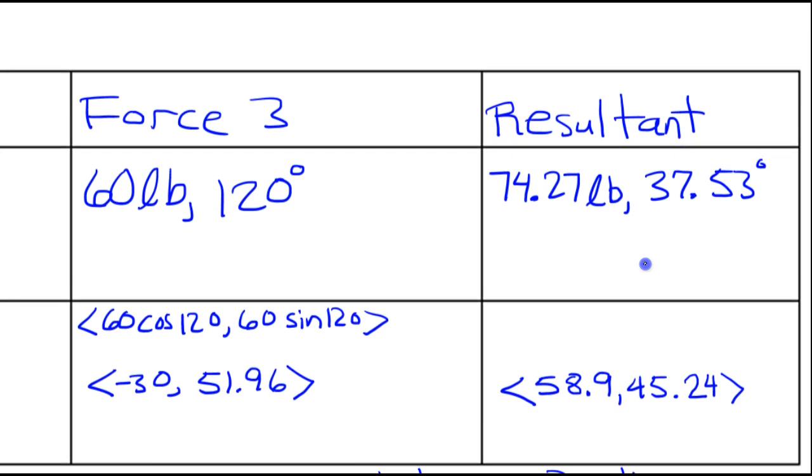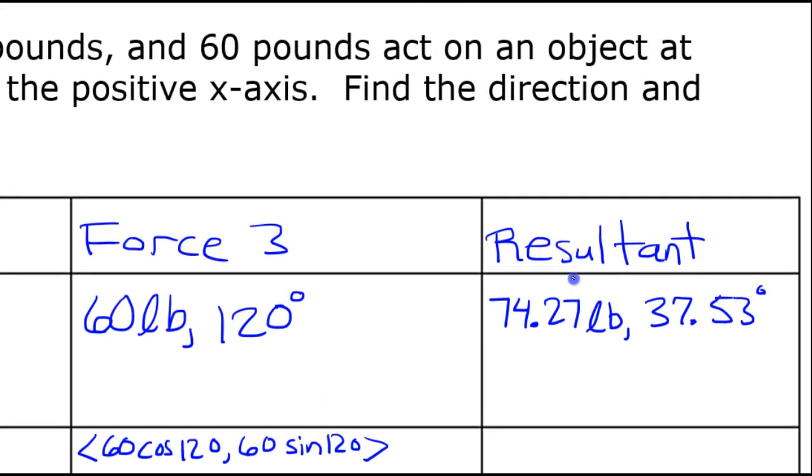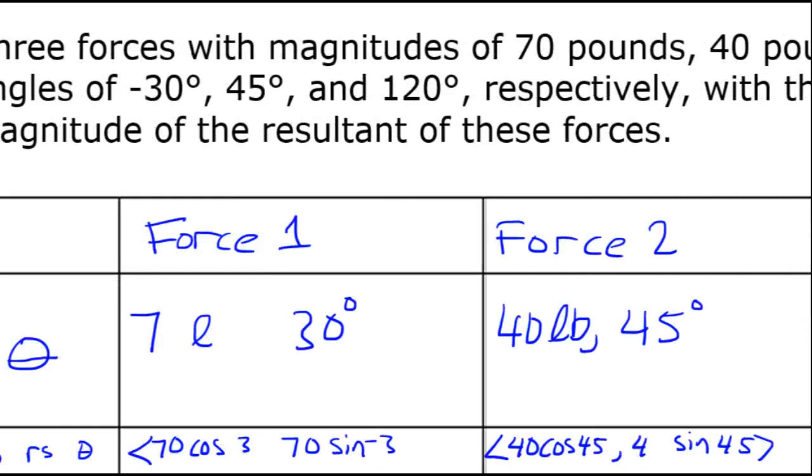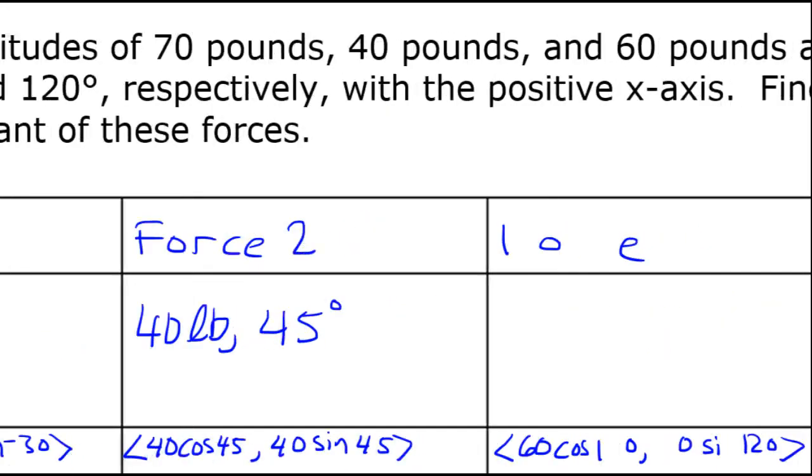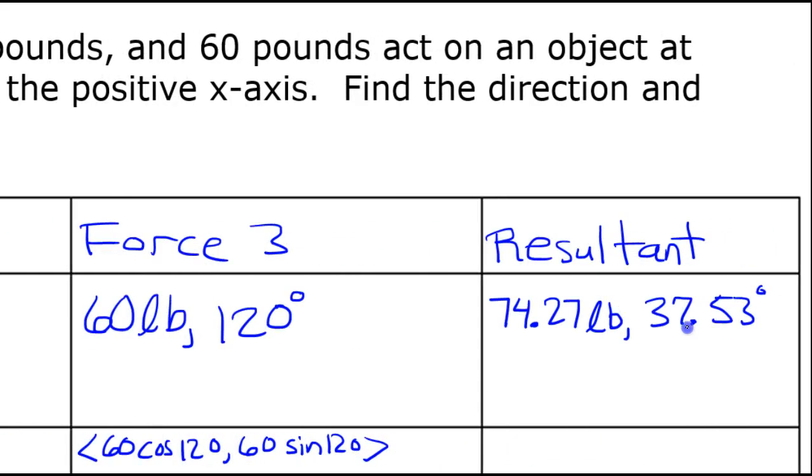But since the directions that they gave us in the problem were all in degrees measured from the positive x-axis, then we already have the form that we need, an angle measured from the positive x-axis. So this is the final answer. Kabam! Final answer.